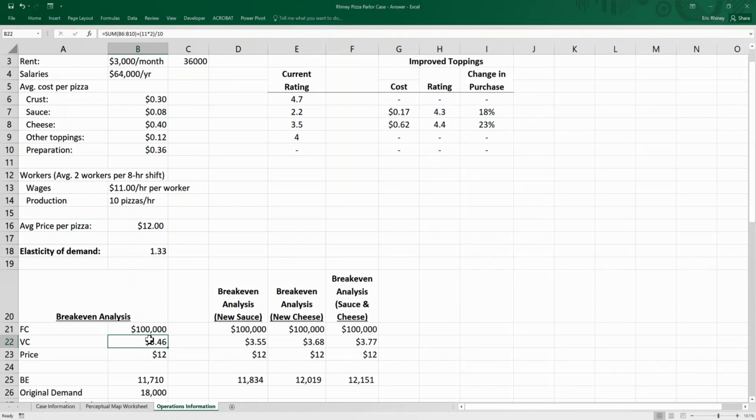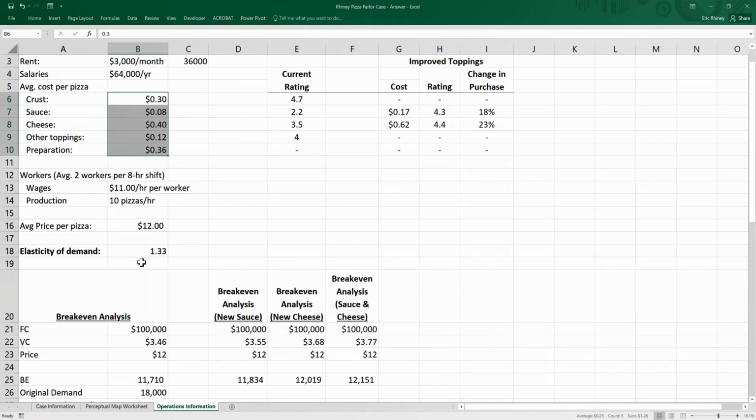So the variable cost per pizza, we have our cost of our toppings and preparation, which comes out to $1.26. Plus, we also have to think about the wages for our workers. Each worker is $11 per hour. They can make an average of 10 pizzas per hour. So that's $1.10 per worker per hour. But we have 2 of them. So that's $2.20 per pizza.